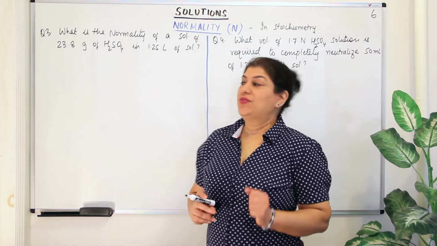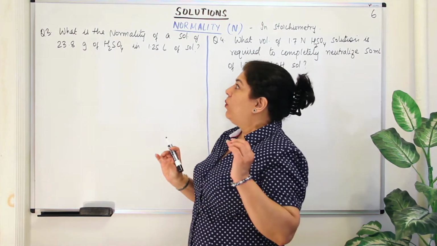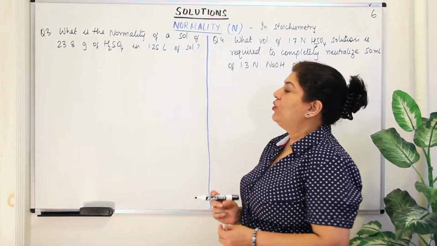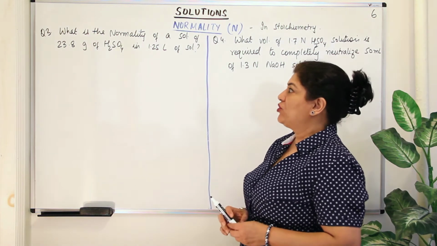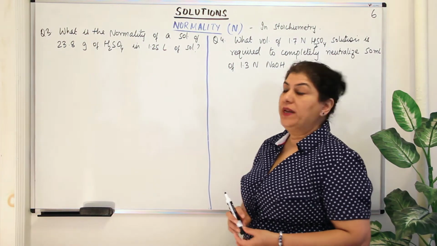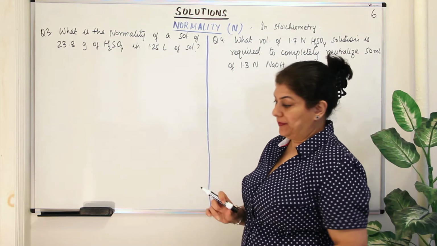So here's question 3. The question reads, what is the normality of a solution of 23.8 grams of H2SO4 in 1.25 liters of solution?